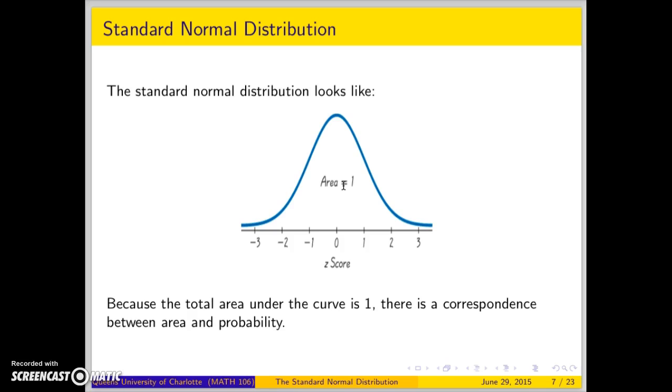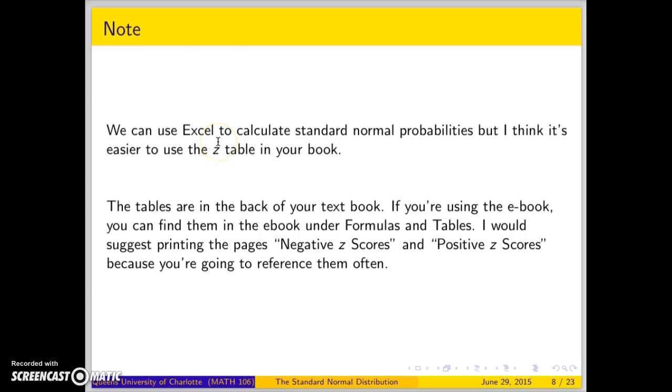The way we find probability for the standard normal distribution or any continuous distribution is we look at the area between two values. It's possible to use Excel to calculate the standard normal probabilities, but I think it's easier to use the Z table in your book, and I'll pull that up right now.